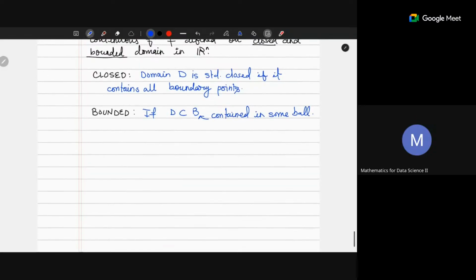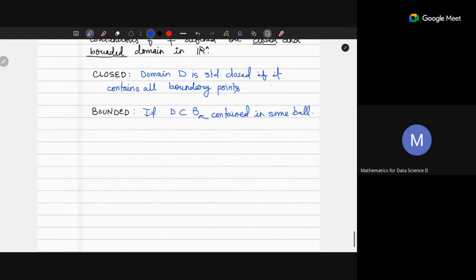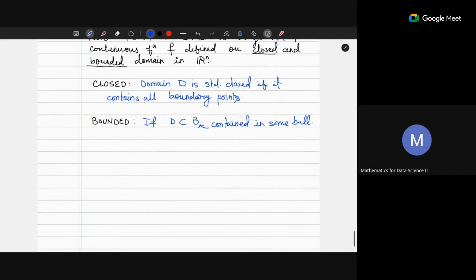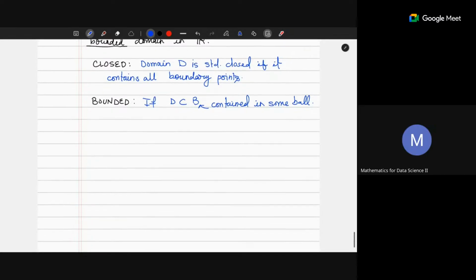All right. So for such domains, a function always has an absolute minimum or maximum, when we include the boundary points also, and they are bounded also.